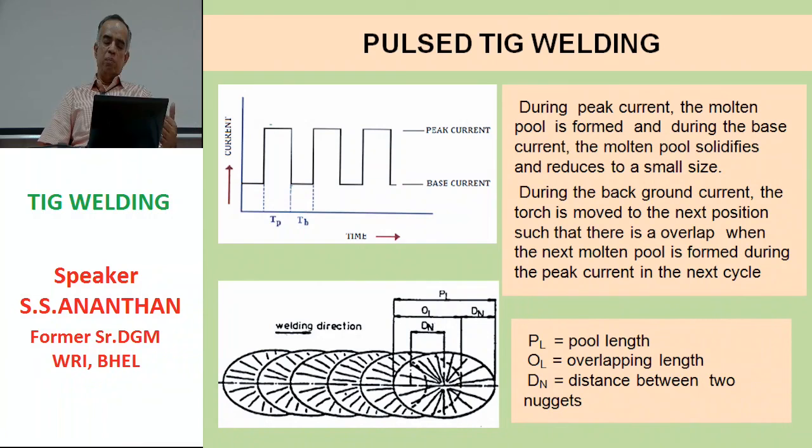Now when the base current is going on, the molten pool starts solidifying and it becomes a very small molten pool. So at the end of the off time, again the current is pulsed to a higher level, and during that time the torch is moved to the next spot, and then you hold the torch at the same location. Again the molten pool is created to a large size that is required.